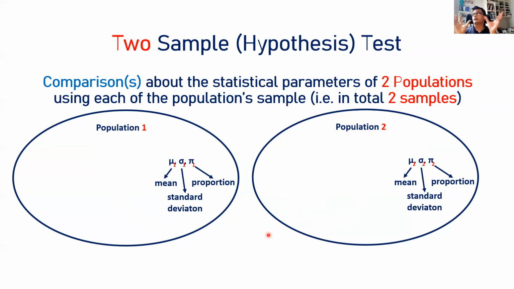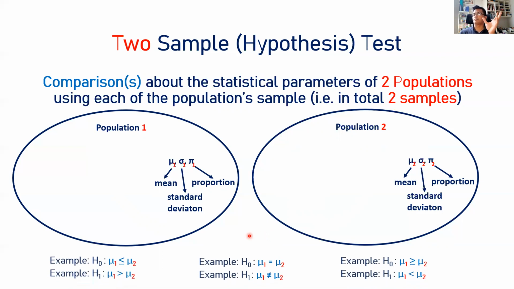The hypothesis statement could be that the monthly income of people in Bandung equals Jakarta, or is lower than or equal to Jakarta, or the other direction. Basically, a two sample hypothesis concerns different populations.